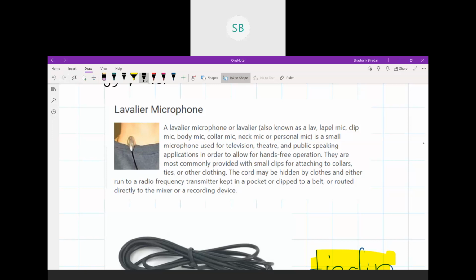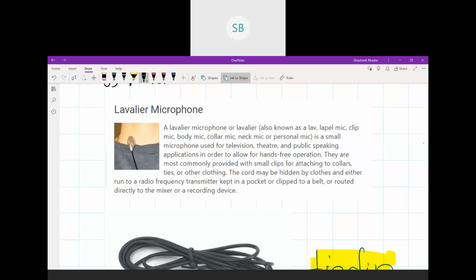The lavalier microphone, also known as lapel mic, clip mic, body mic, collar mic, neck mic, or personal mic, is a small microphone used for television, theater, and public speaking application in order to allow hands-free operation. That you have seen.